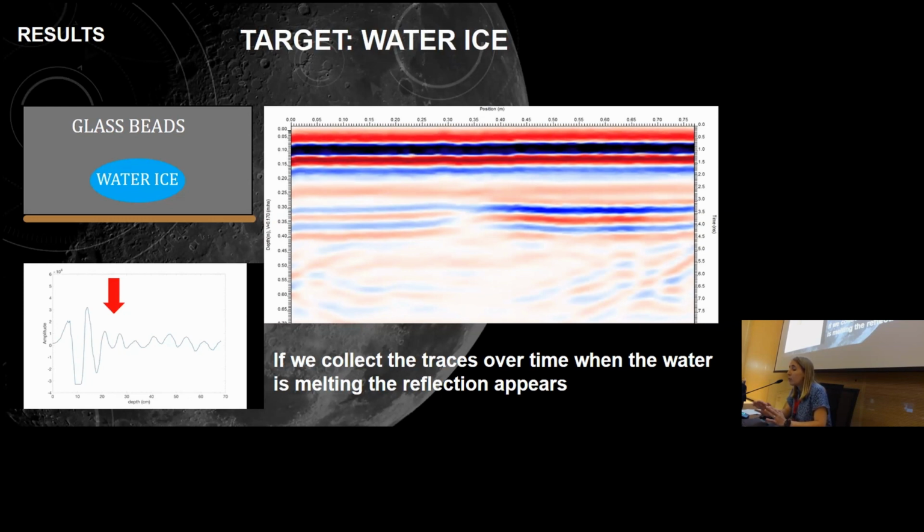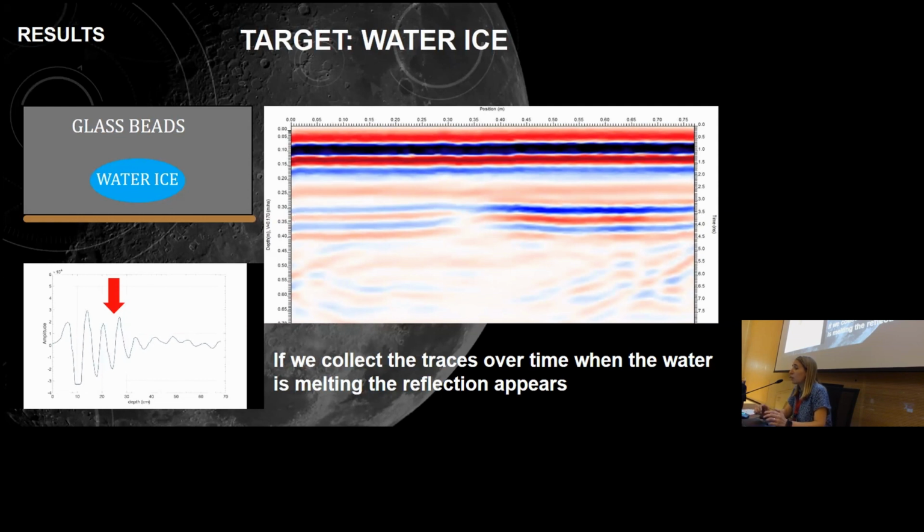Here, the amplitude of the signal doesn't indicate the presence of any anomaly, any target that has different permittivity values in the box. In fact, the amplitude of the signal is very similar to the background noise. But what happened when we let the target melt? Of course, the amplitude of the signal is enhanced by the presence of liquid water.